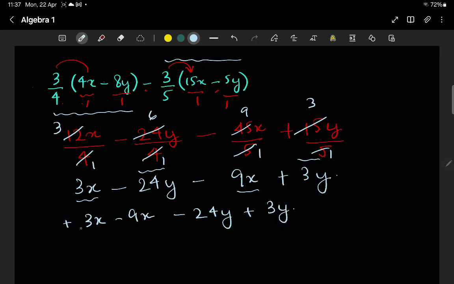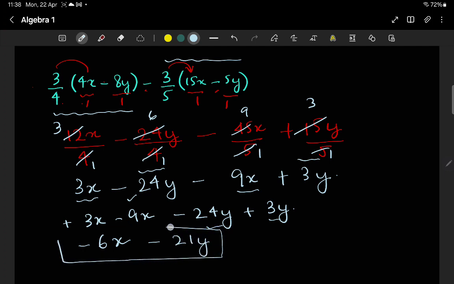So plus minus minus, so 9 minus 3 is 6x. 9 is a greater value and the sign with greater value is minus, so we will write minus sign in the answer. And then we will see these two terms here, minus plus minus, sign of the greater value, 24 as minus sign, so 24 minus 3 is 21y. So this is our answer.